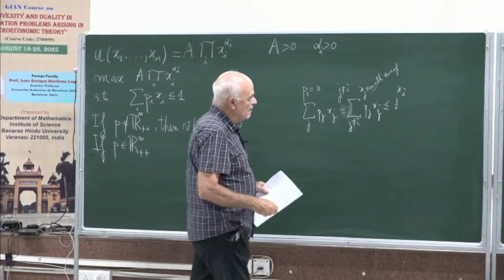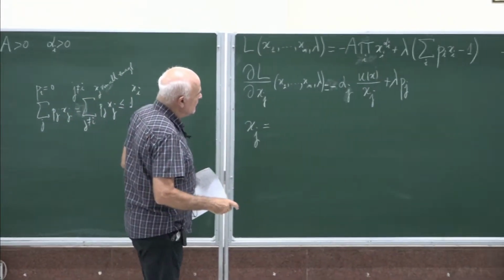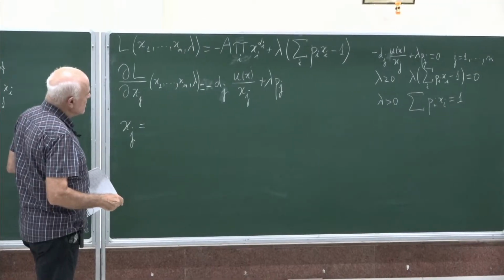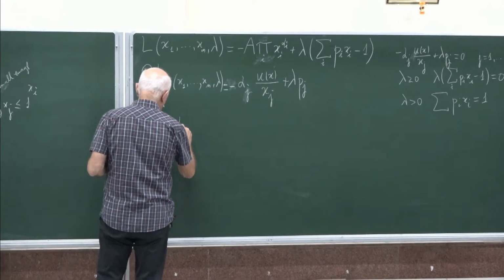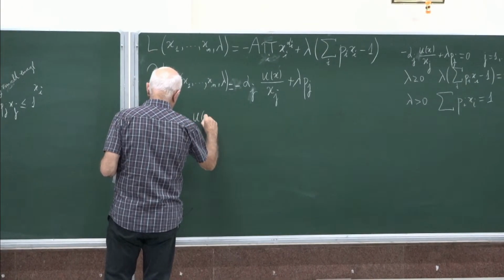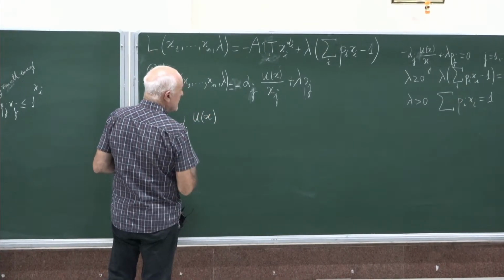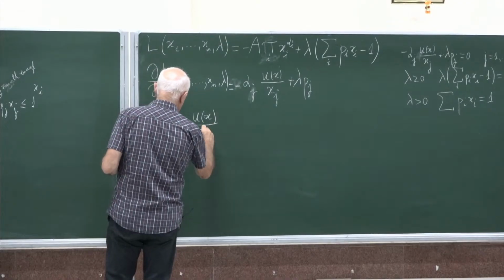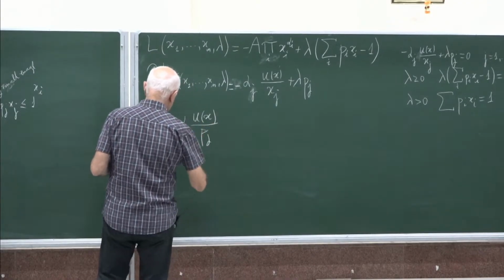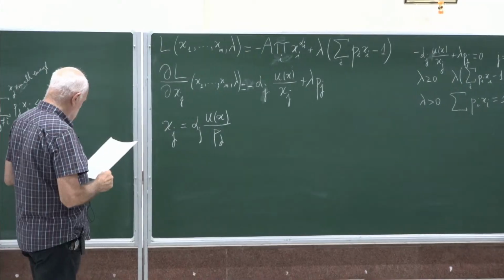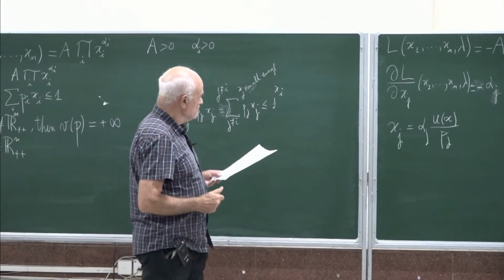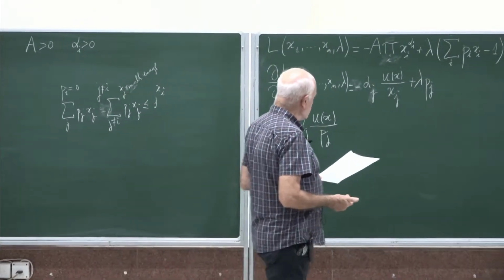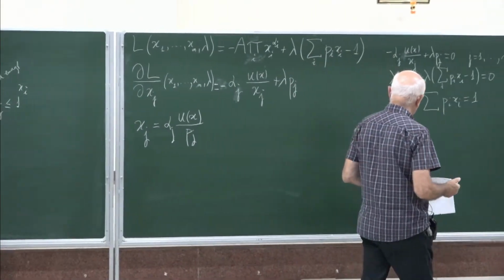Well then, xj is alpha j u of x divided by pj. Now it's licit to divide by pj because we are dealing with strictly positive prices.